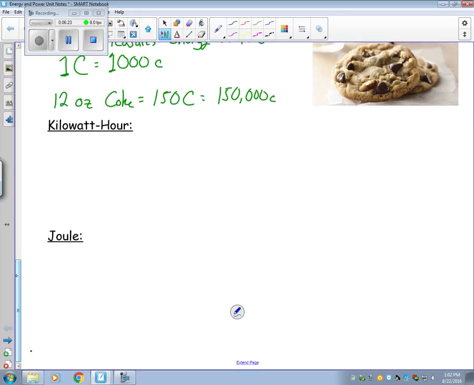The next unit you might be familiar with is the kilowatt hour. And we use this to measure electrical energy. So the power company will measure how many kilowatt hours your house uses.